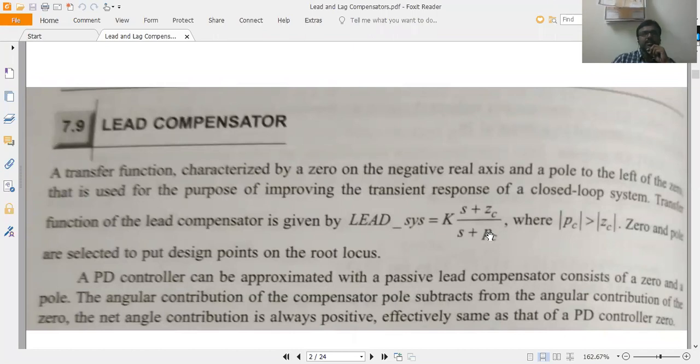So these are the definition parts regarding the lag compensator and the lead compensator.